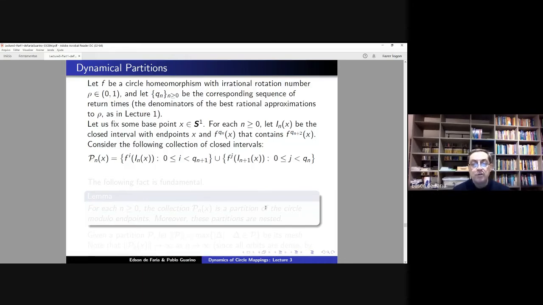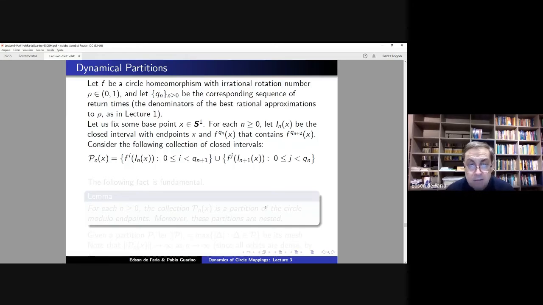And now you consider the following collection of intervals. You look at two intervals of this type, I sub n of x and I sub n plus 1 of x, and you iterate these intervals a certain number of times. So you iterate the interval I sub n q_{n+1} times, okay? And you iterate the interval I sub n plus 1 of x q_n times, okay?